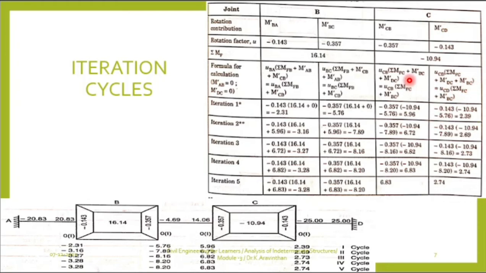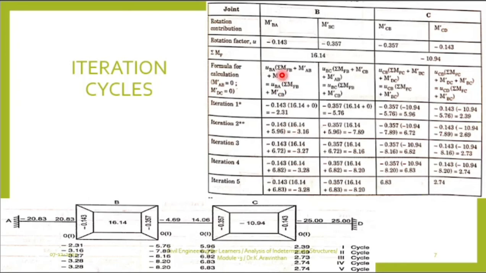What is the value of M dash BC? 5.76, so 5.76 is written here. If you add and multiply, you will be getting 2.93 as the first iteration.